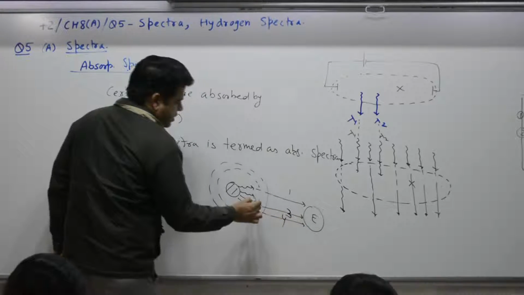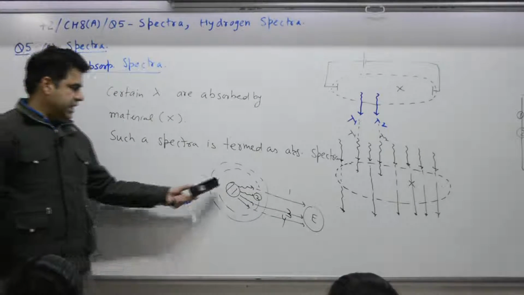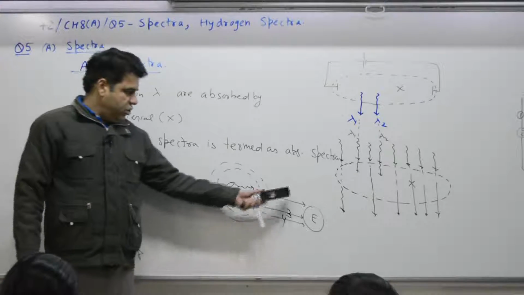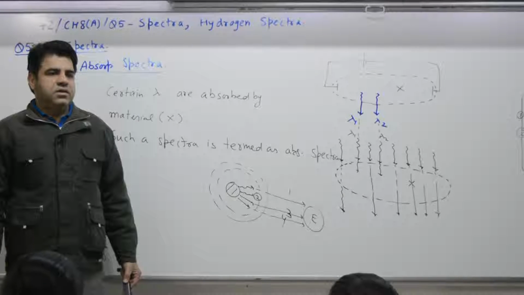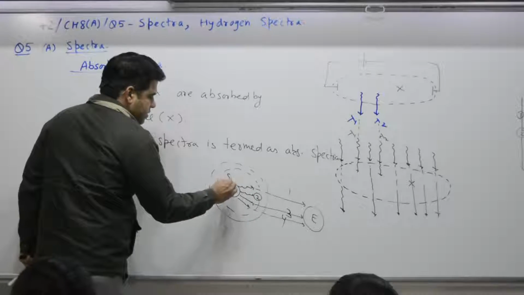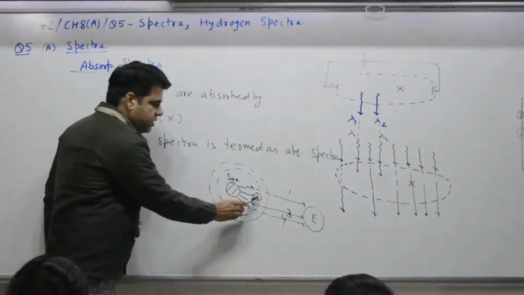The second wavelength is missing. When you get light from the Sun, the observation is that all wavelengths are there except a few that are missing. What does it mean? The material surrounding the Sun is a good absorber of wavelength number 2.